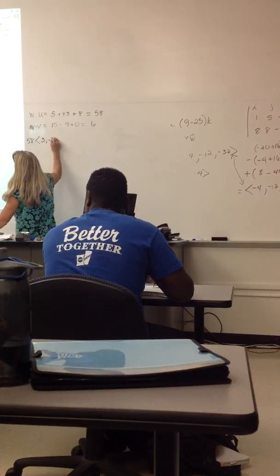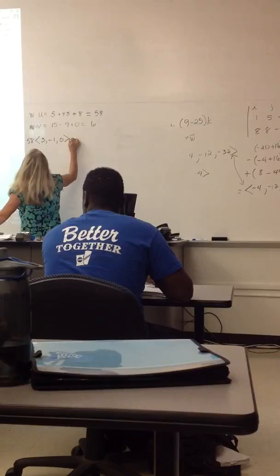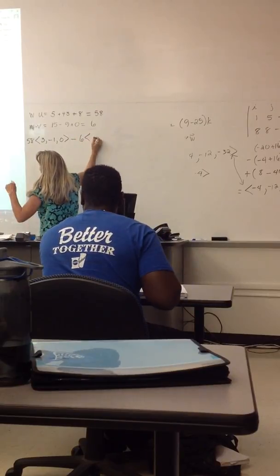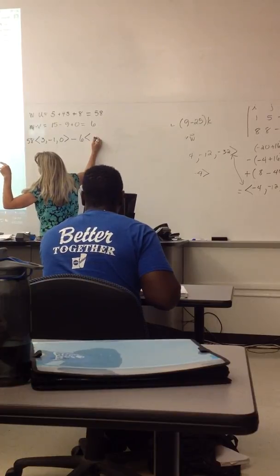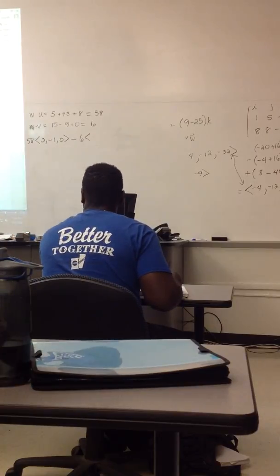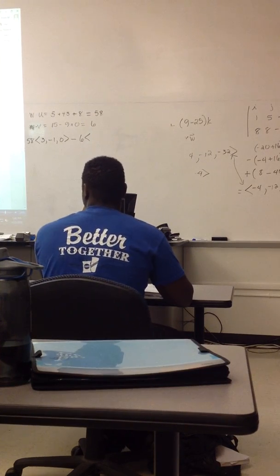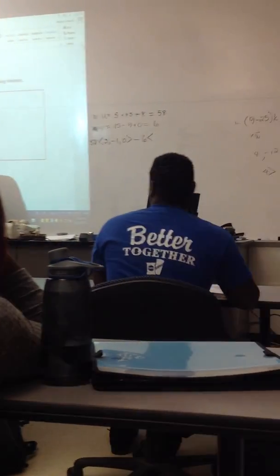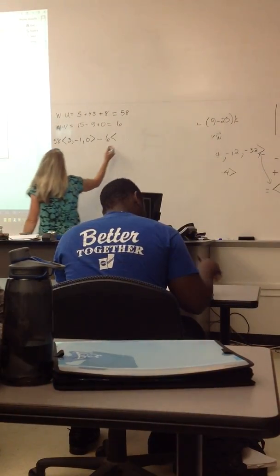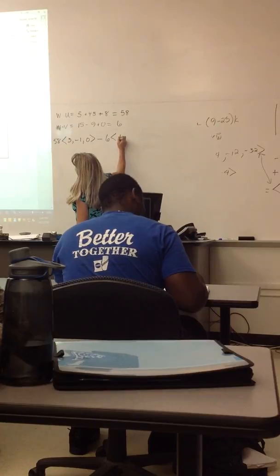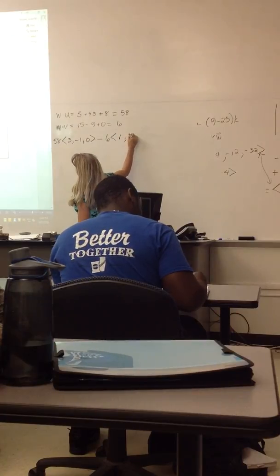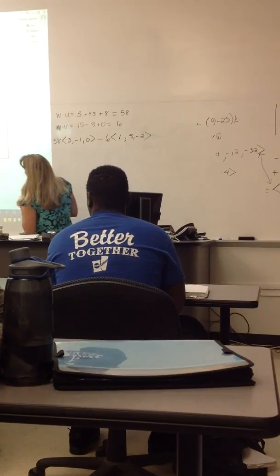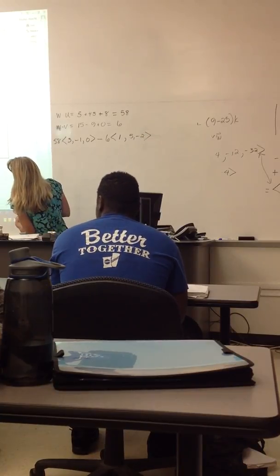So 3, -1, 0, and then minus 6, multiplying c and w, u, so w, e. I'm going to multiply by u. I think you actually have those two backwards, because w is your a, but u is like your b.